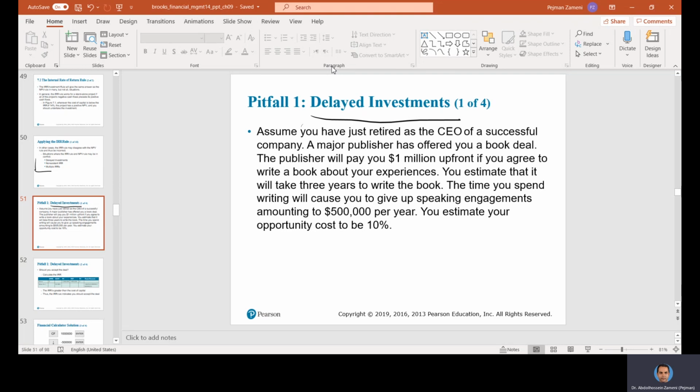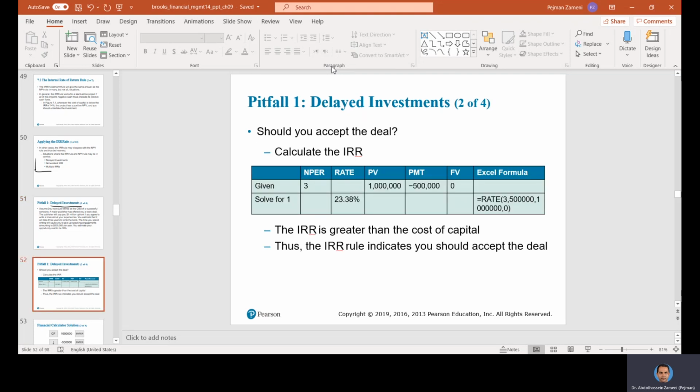How to calculate the opportunity cost is like here. In the first year you would be paid 1 million, but in the other years, 500K and 500K.